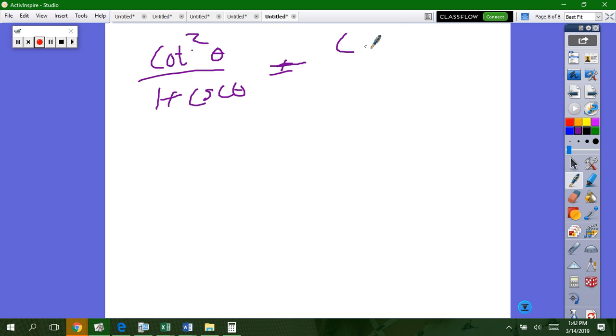That's an equal sign. All right, what I see here, ladies and gentlemen, on this side, I understand that to be, what's another name for cotangent squared?